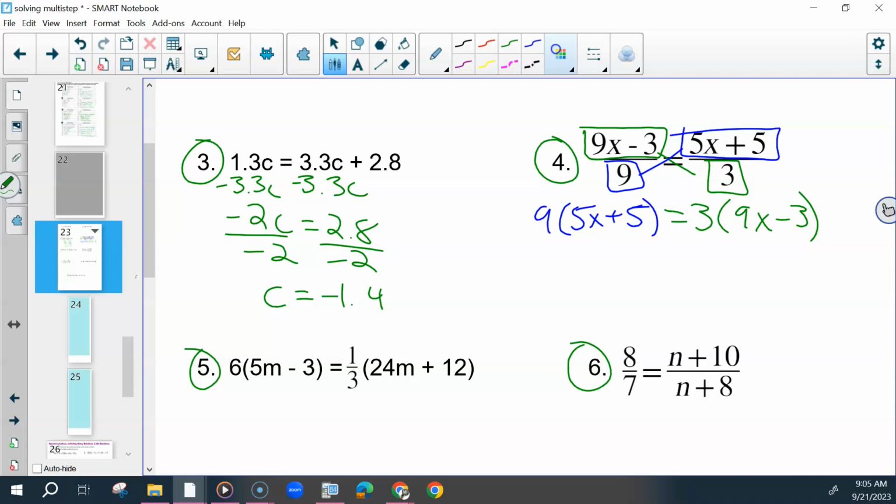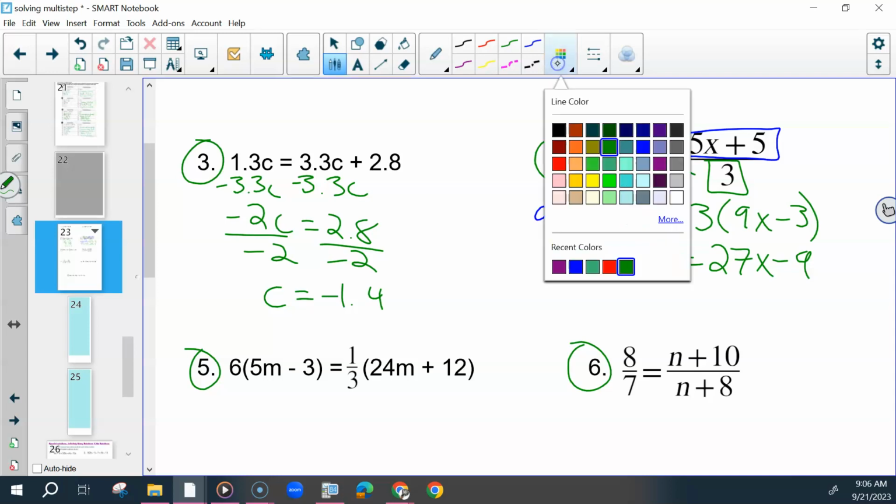Okay, so let's distribute. And I'm going to show you how to start doing the moving simultaneously. So what do we want to move first? Sure.